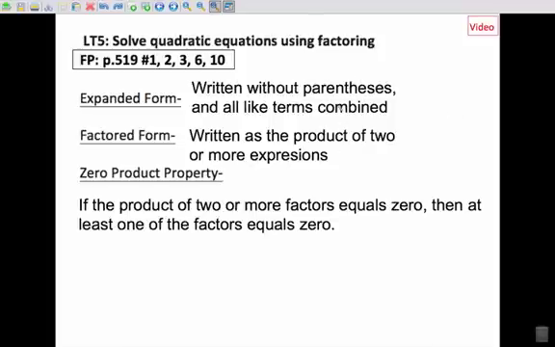Let's talk about the different forms of equations. Let's first start with factored form. Factored form is what we've seen in FOIL. It's when an equation is written as the product of 2 or more expressions.